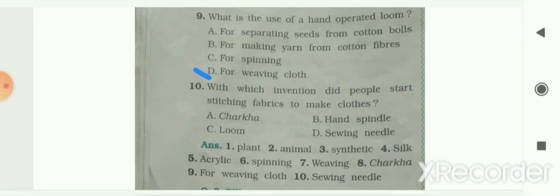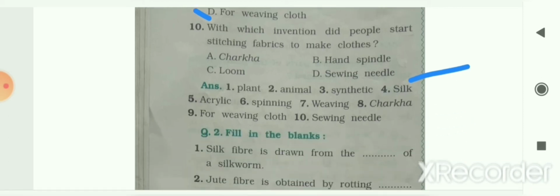The next is, with which invention did people start stitching fabric to make clothes? The options are charkha, hand spindle, loom or sewing needle. So your answer is option D, sewing needle. With the invention of sewing needles, people started stitching fabrics to make clothes. So here the answers of the MCQ are given to you.